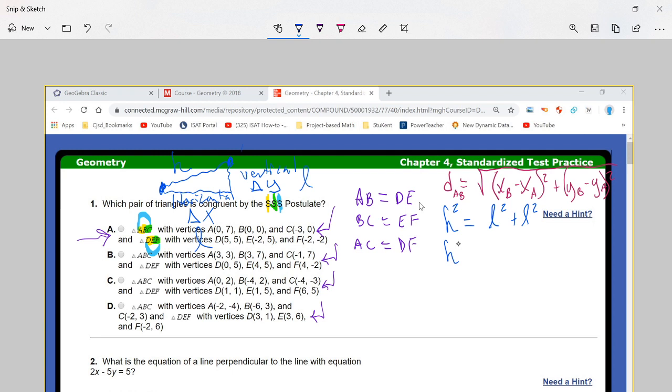So try this again. The hypotenuse squared is equal to the square of delta x, right? Whatever that horizontal change is, plus the square of delta y, whatever the vertical change is, right? And so now if I want to solve for this h, I take the square root of both sides. So let me do that with the color here.